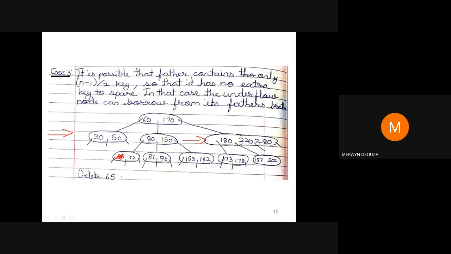Here you saw that this node had 3 keys, which was more than the minimum. So obviously I knew that this father had to borrow from his younger brother. Here we had to do concatenation at this level, and this father had to borrow from his younger brother. We are applying case 2 here and case 1 here.